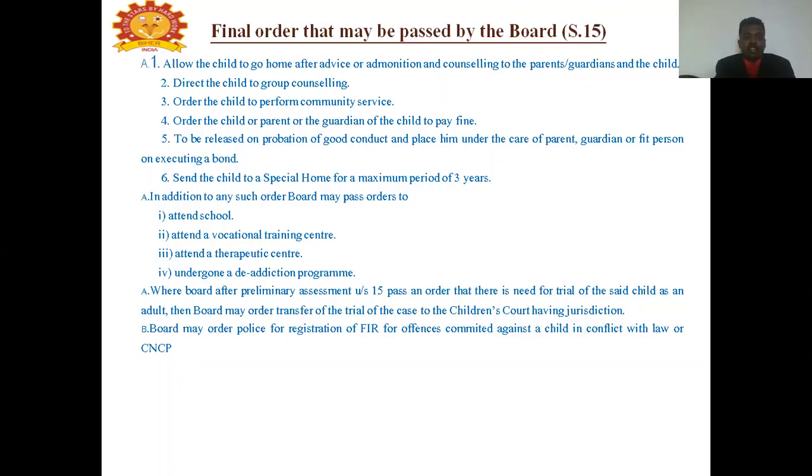The Board may also order the police to register an FIR for the offence committed against a child in conflict with law or a child in need of care and protection, CNCP.